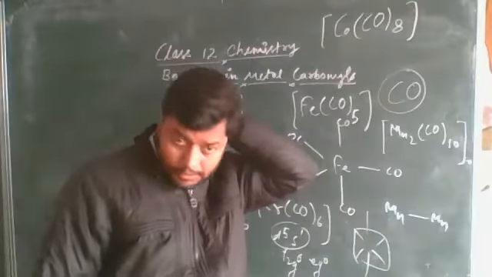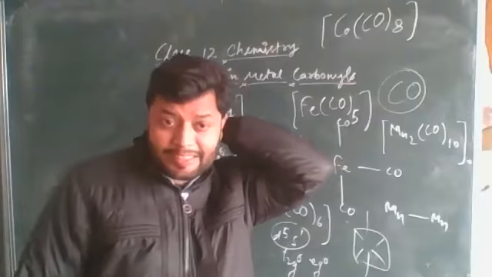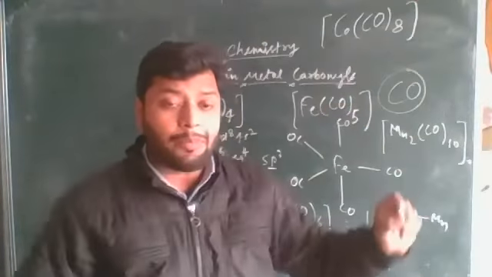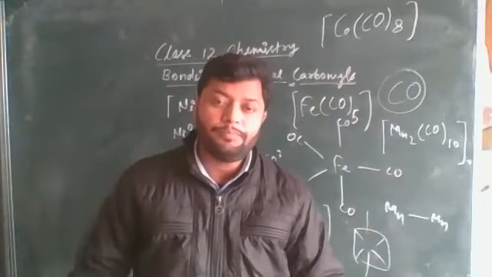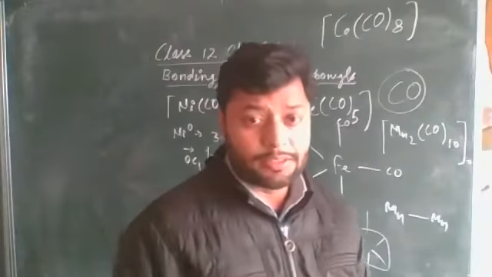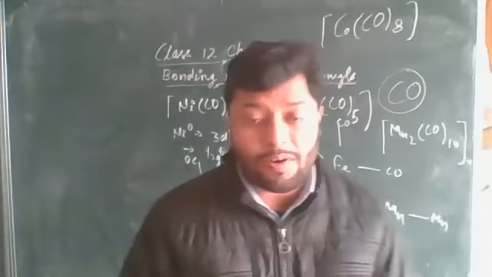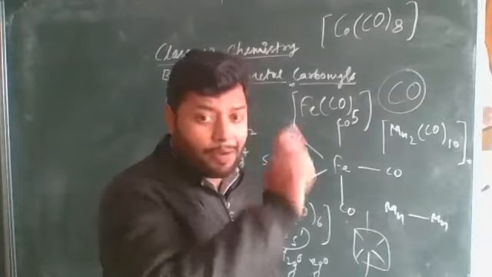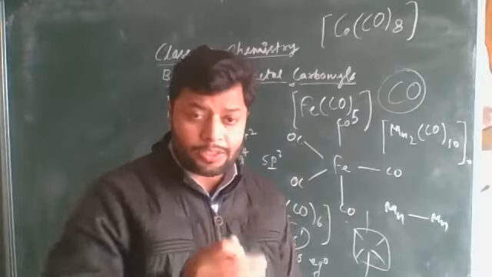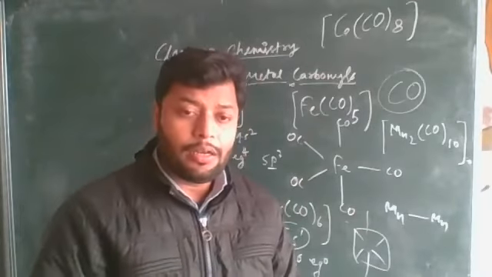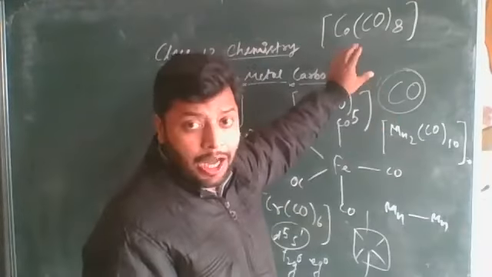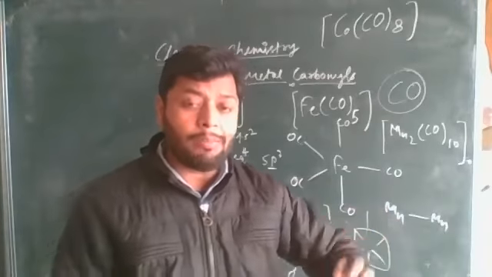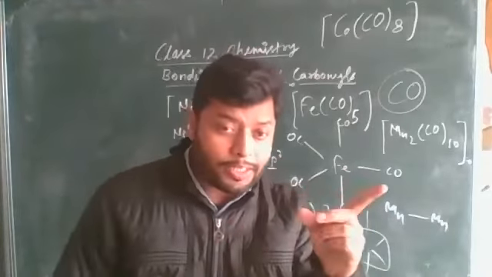This is an exceptional complex having bridging carbon monoxide. Students, how can carbon monoxide form two different coordination possibilities? It can be explained on the basis of this complex. As I said earlier in the lecture, carbon monoxide has an anti-bonding orbital which is empty and a bonding orbital having a pair of electrons that coordinates towards the metal.